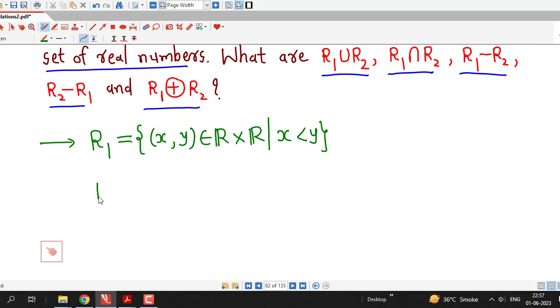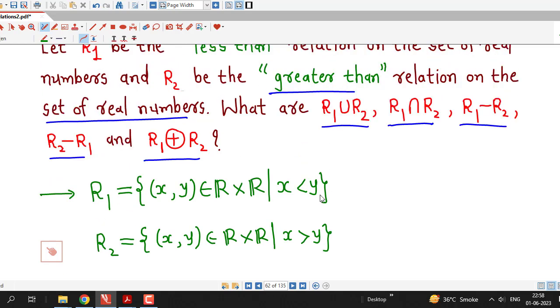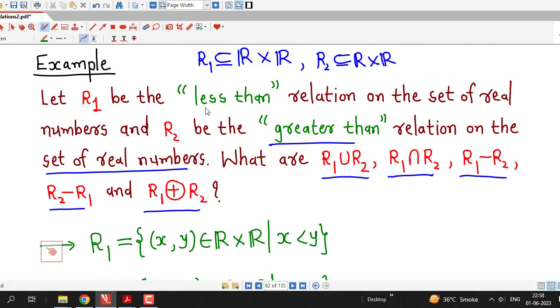And similarly R2 denotes greater than relation. So R2 is the set of all those ordered pairs from R cross R such that x is greater than y. This is the meaning of R1 and R2.